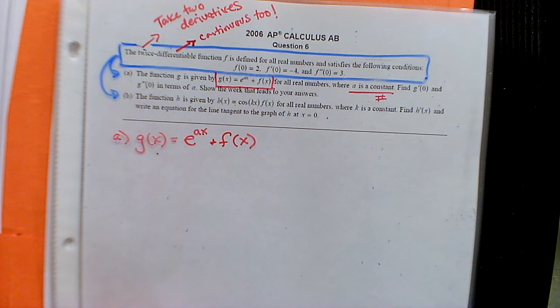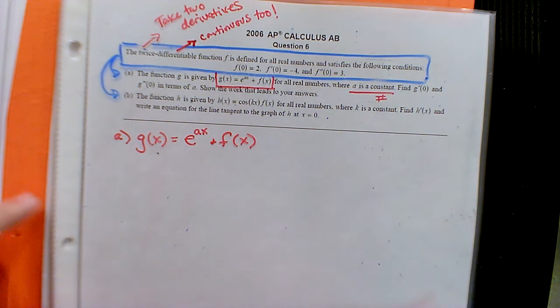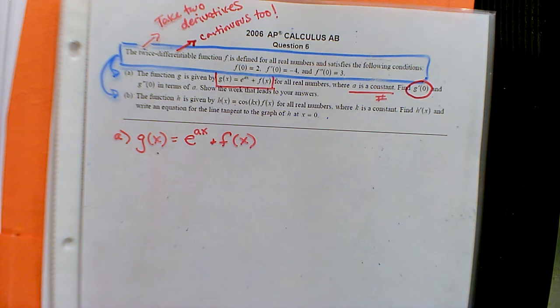Find the value of g prime of 0 and g double prime of 0, if you were to go another derivative round, in terms of a. So we're going to have some a value left in our answer. Show the work that leads to your answers. Okay, so what do you want to try to do here to figure out g prime of 0? What does g prime mean? What is that 0 telling us to do? Can we think about it?